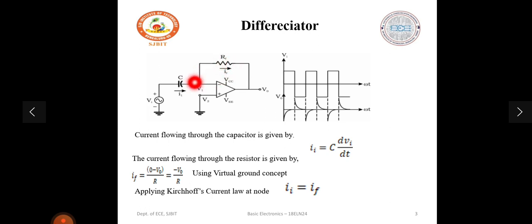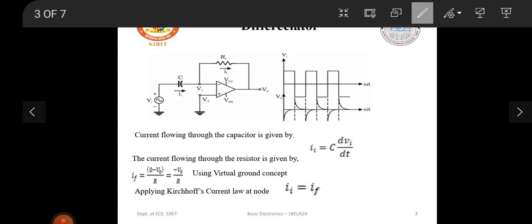For the integrator, we came to know that the output voltage V0 was directly proportional to the negative integral of the input voltage Vin and inversely proportional to the constants R and C. But for the differentiator, we don't yet know what V0 is.